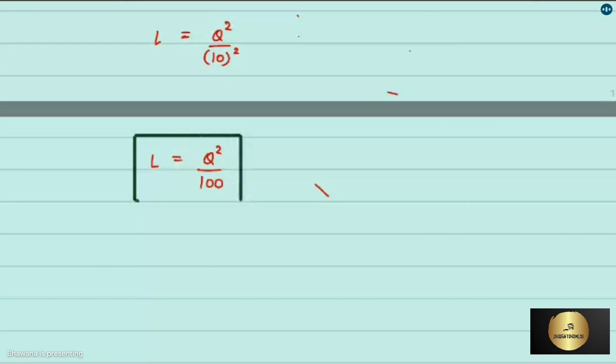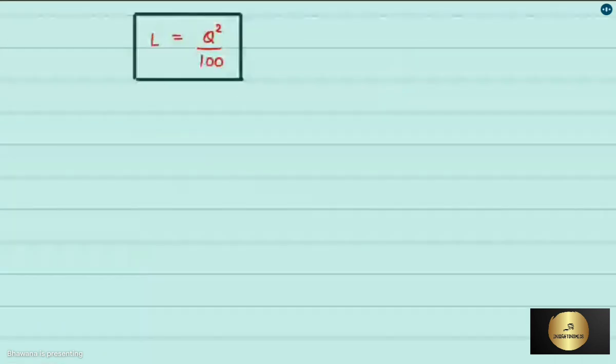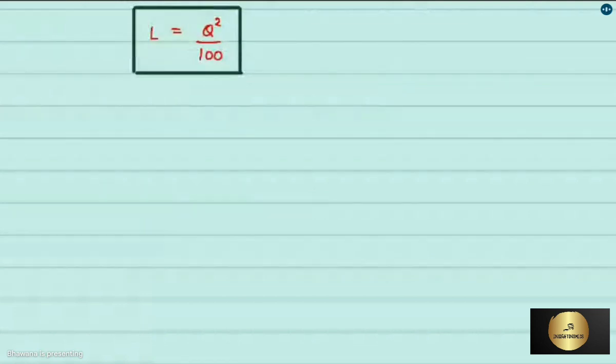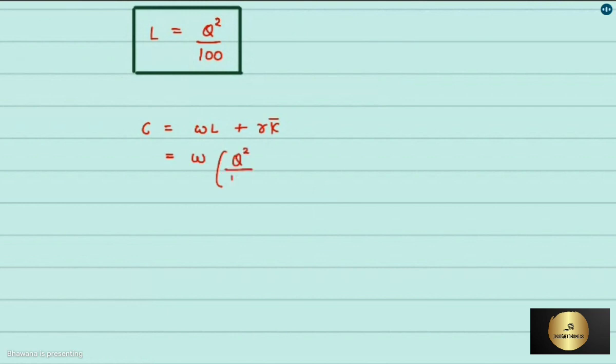So your labor use will be Q square divided by 100. Now you can substitute this in your cost function, which is C equals W L plus R K bar. W L is Q square divided by 100 plus R into 100.